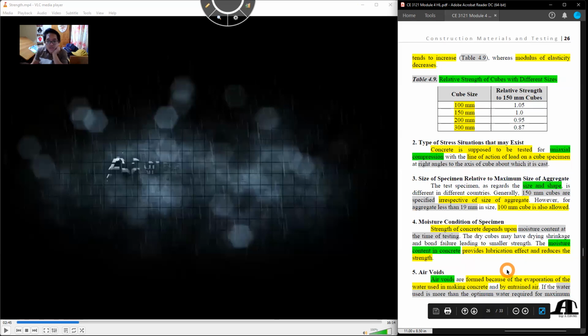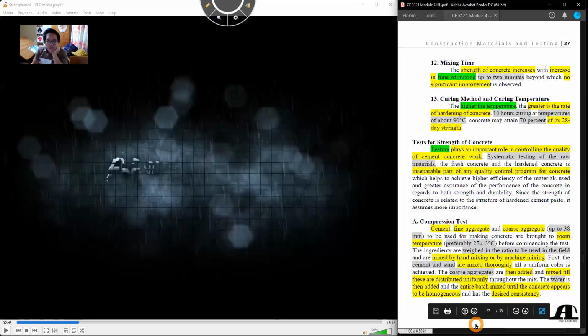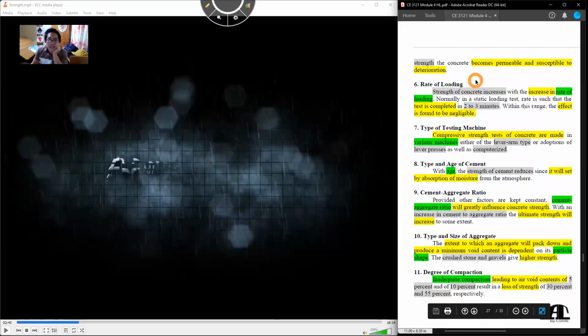Water used is optimum, required for maximum strength; otherwise concrete becomes permeable and susceptible to deterioration. For rate of loading, the strength of concrete increases with the increase in rate of loading.